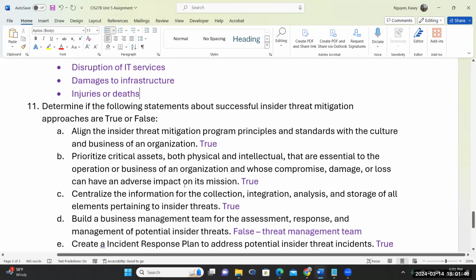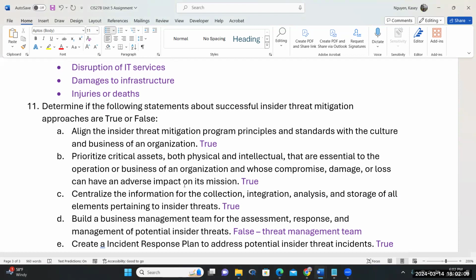Now, centralizing the collection of information and integration and analysis, that is useful. If you're looking at a corporate environment, a lot of the data is being pulled from different branches and locations, right? And then that comes to one centralized area, and that's where all the analysis happens.